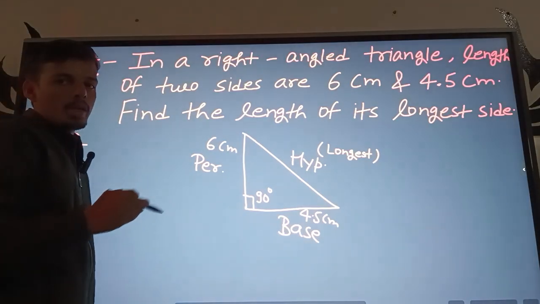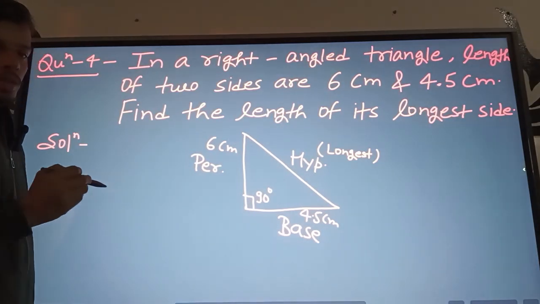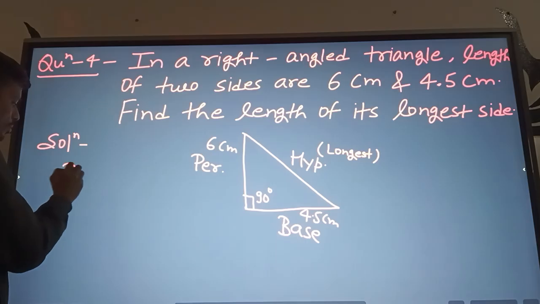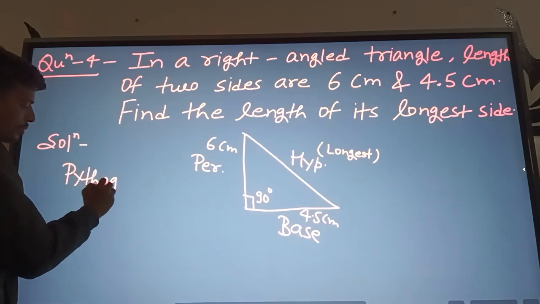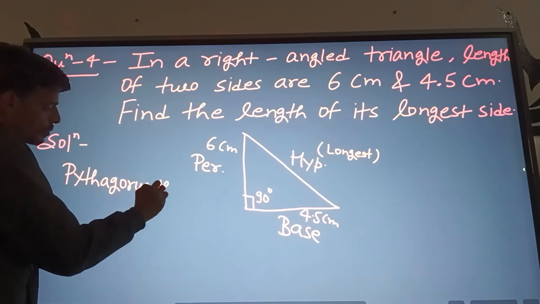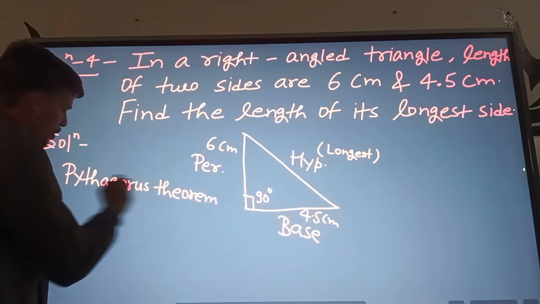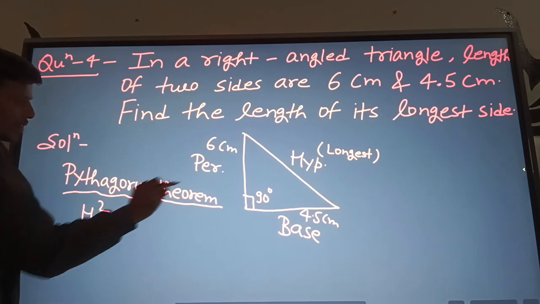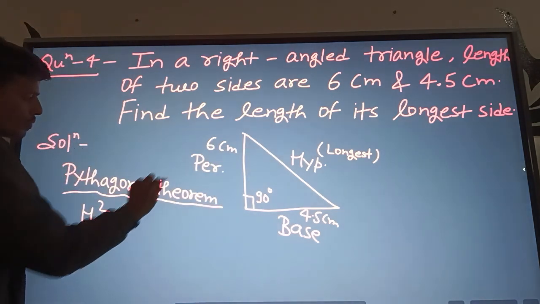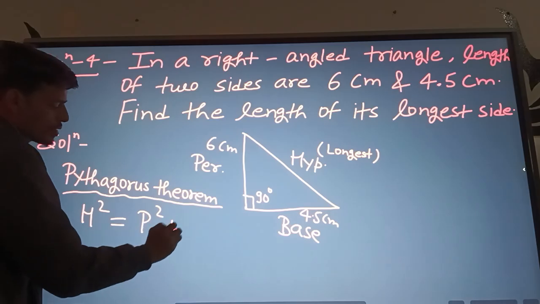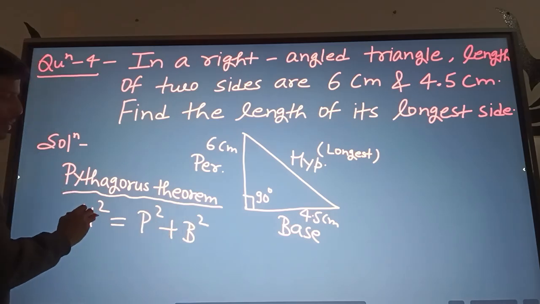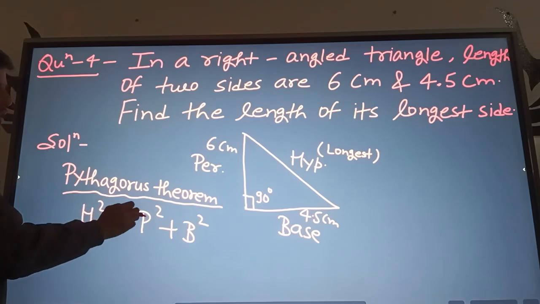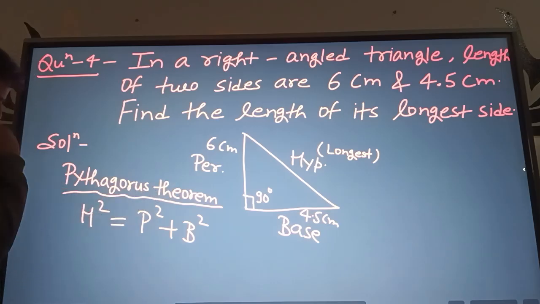So here we use a formula known as the Pythagoras theorem. The Pythagoras theorem says that hypotenuse square, h squared, equals perpendicular squared plus base squared. The square of the hypotenuse is equal to the square of the perpendicular plus the square of the base.